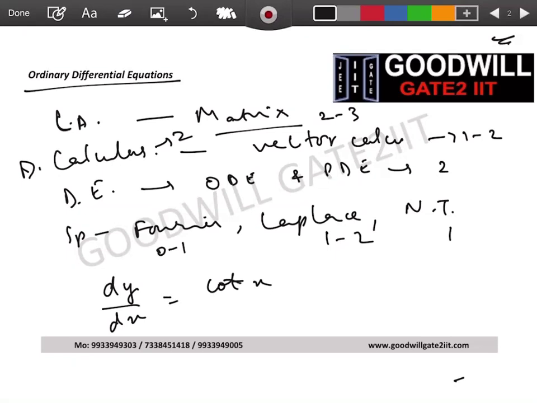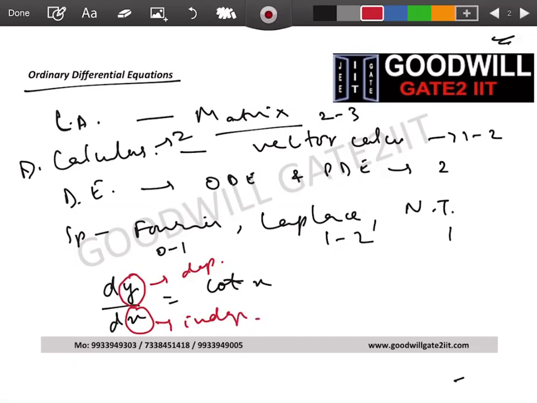So a differential equation is an equation involving a dependent variable, an independent variable, and the differential coefficient of the dependent variable with respect to the independent variable.